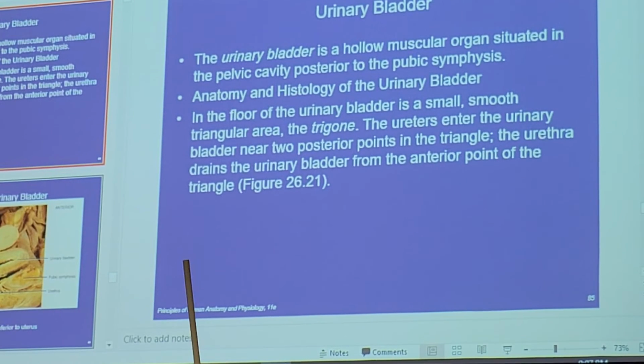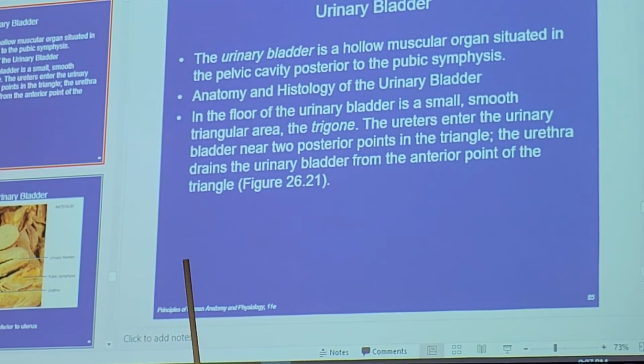The bladder itself is muscular, and relatively hollow. You'll notice the epithelial tissue, you may remember this, was made up of transitional epithelium. Because it moves so much, you have squamous, cuboidal, and columnar cells that are stratified.